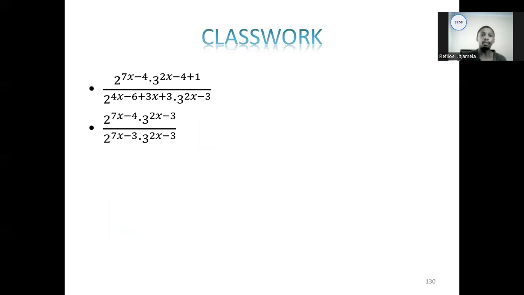Please note that the 3s, you can cross them out because it's a base of 3 with the same exponent in the numerator and denominator. And between the bases, there's only multiplication, so you're allowed to cross them out. But when it comes to the 2s, all I'm going to do is simply take the numerator exponent minus the denominator exponent.